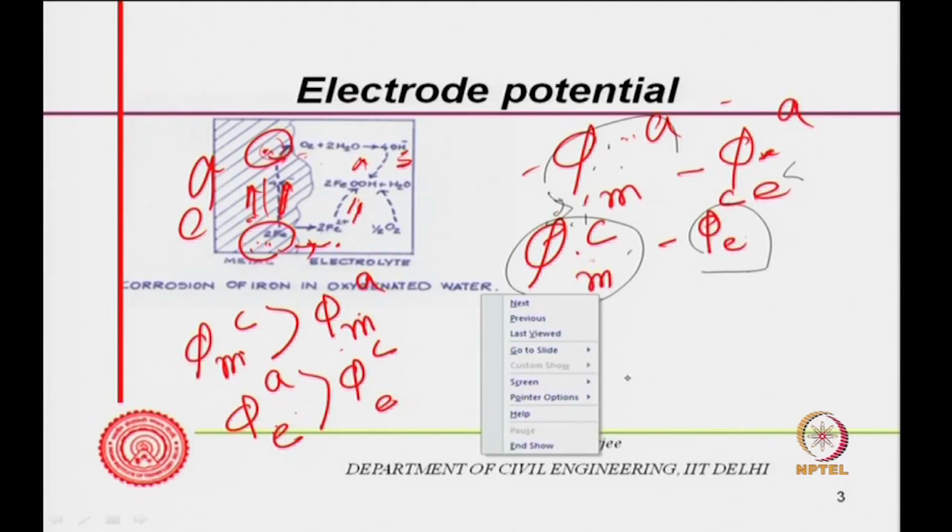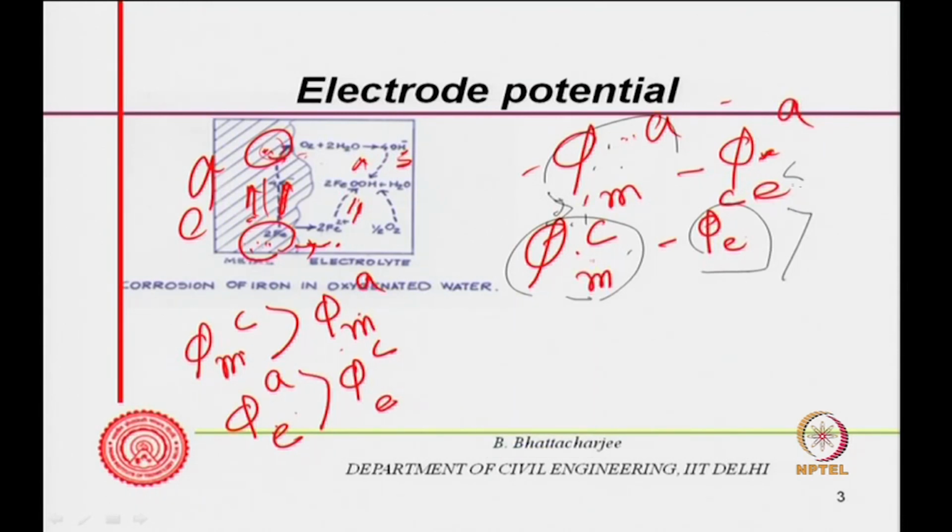In other words, phi m c minus phi E c will be greater than phi m a minus phi E a. The difference in potential between the metal and the electrolyte at the anode will be less than that at the cathode.